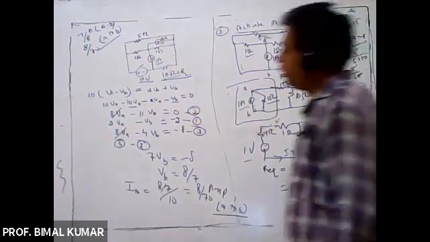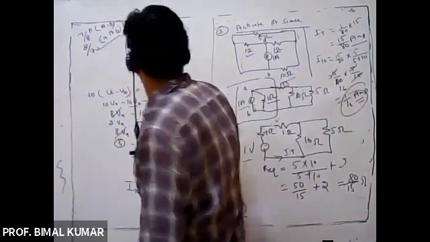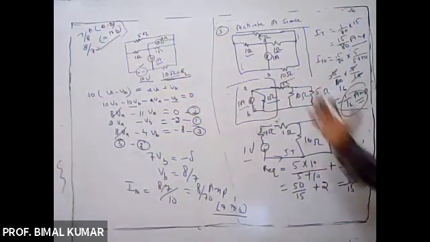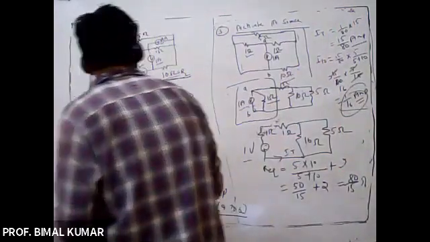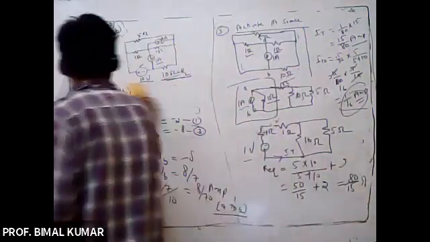So total current in the 10 ohm resistance will be the sum of the two, minus this, right? So you may add both of that.